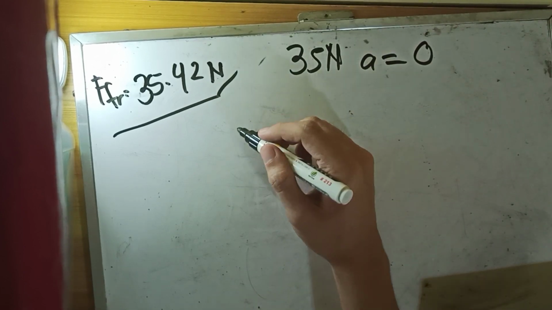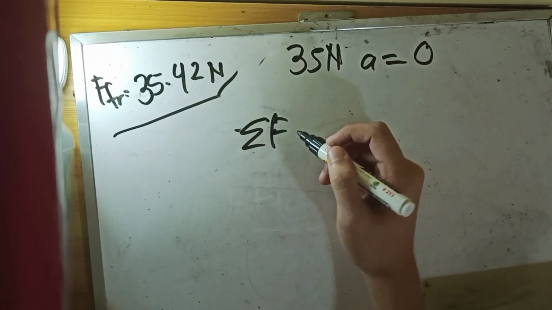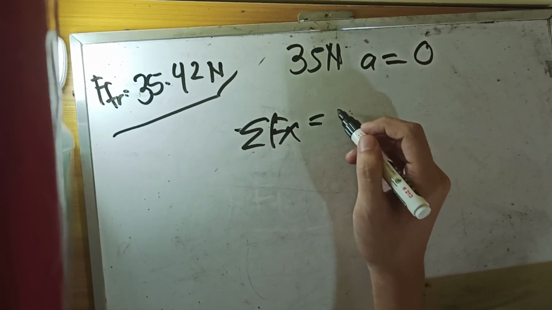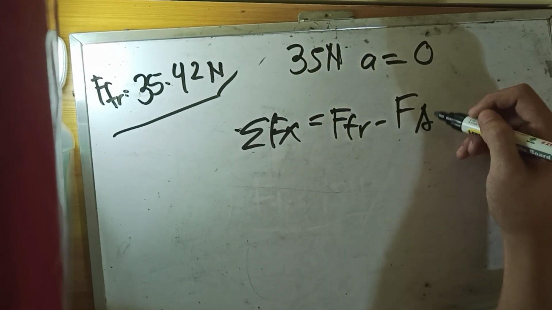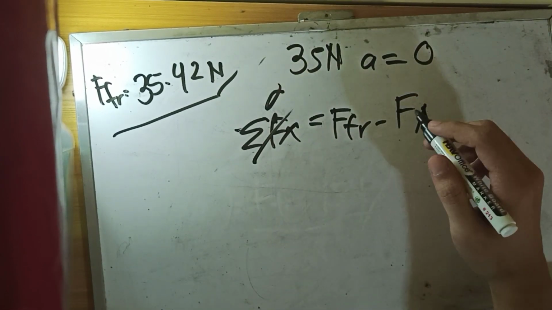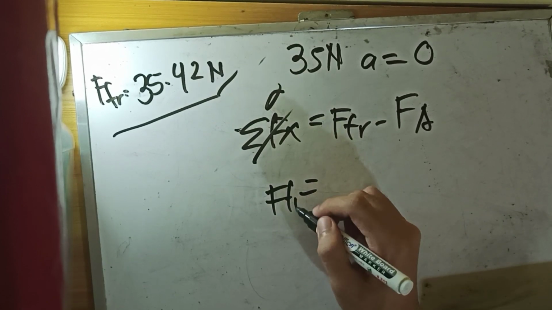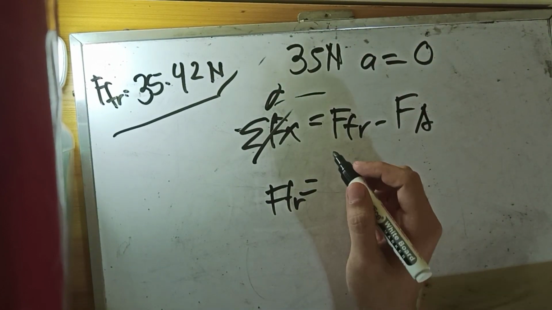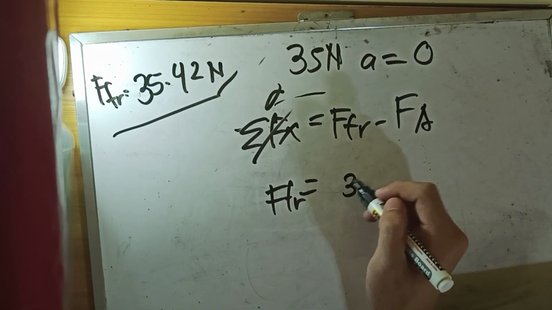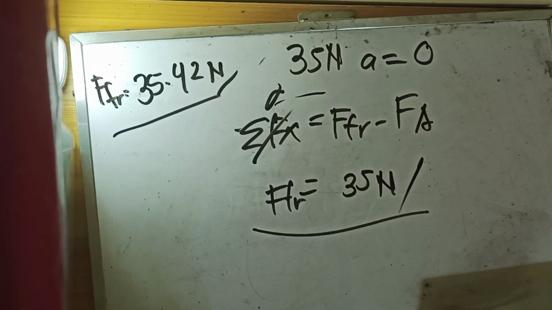And same process, summation of forces along the x equals to force friction minus applied force 0. Therefore, our force of friction, di ba, lilipat natin yan. So, yung value ng ating applied force, yun na rin yung magiging sagot natin. So, 35 Newton, yung ating force of friction.